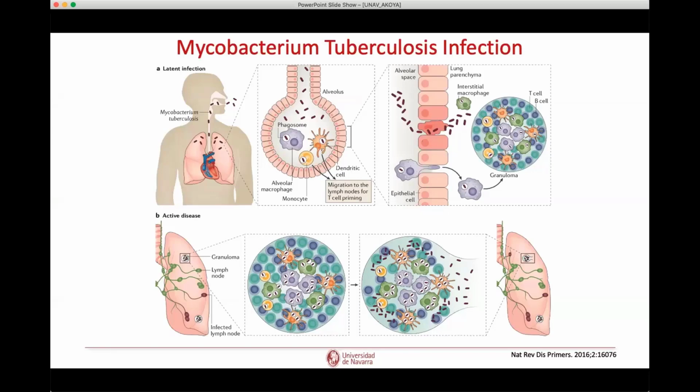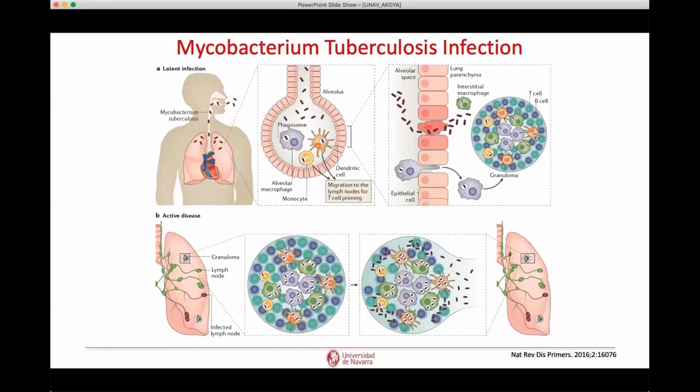Infection begins when the mycobacterium enters the lung through inhalation and reaches the alveolar spaces. Then the resident macrophages try to phagocytose it, and if they fail to eliminate the bacteria, the mycobacterium invades the lung interstitial tissue, and then it will start an immune response.